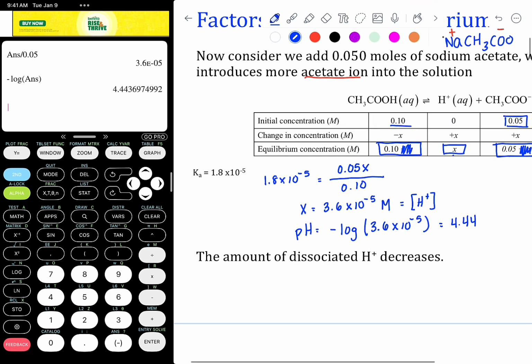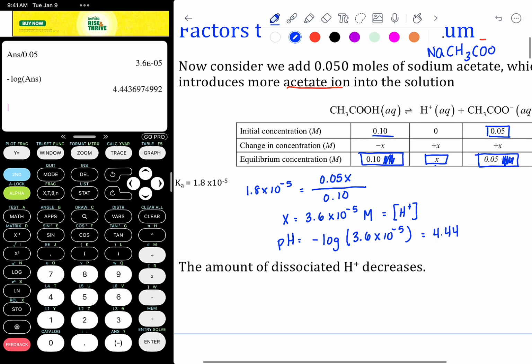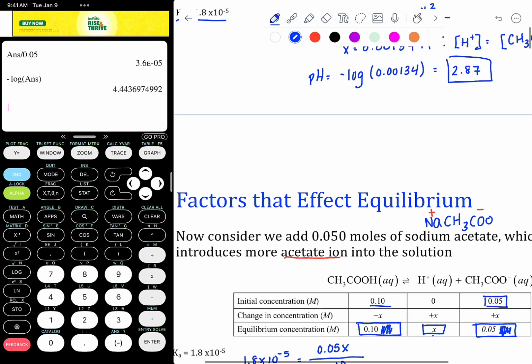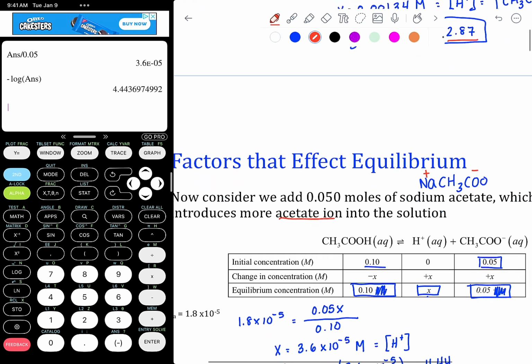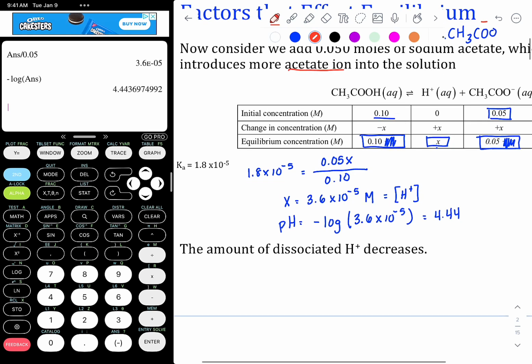So we can see from these two ice tables that the H+ concentration has decreased. Okay, we started in our first one with a concentration of 0.00134 and a pH of 2.87. And now by just introducing a small amount of that acetate ion, we've shifted our equilibrium, which means we've shifted those concentrations.